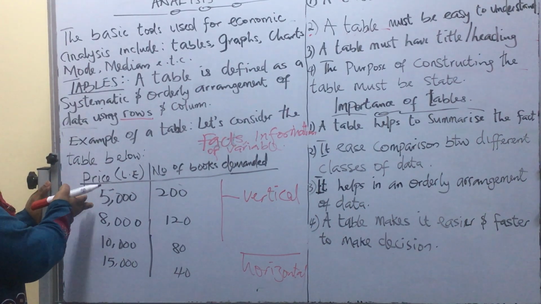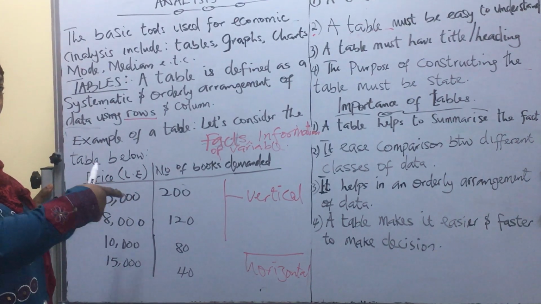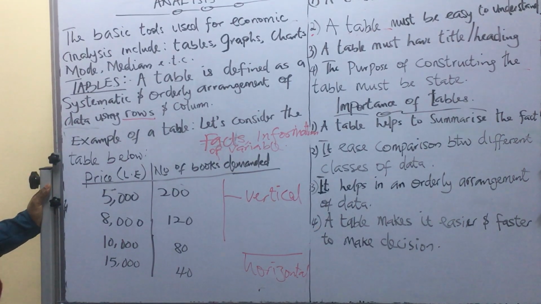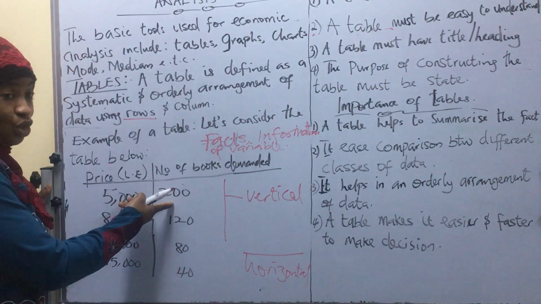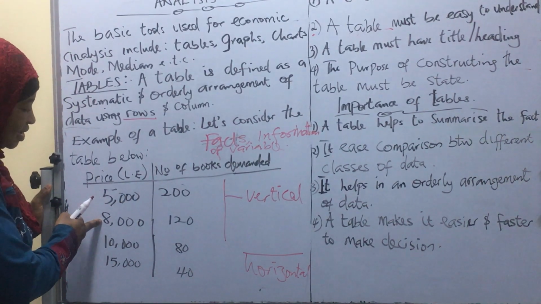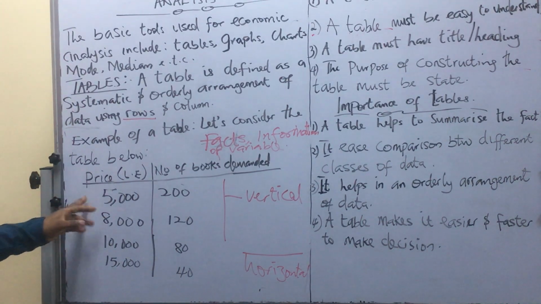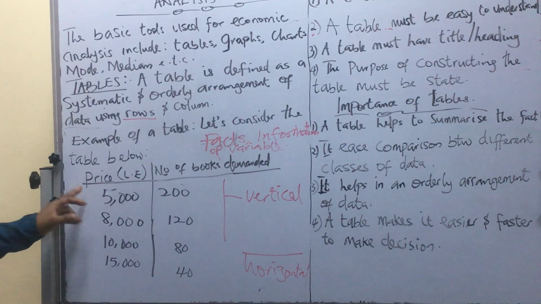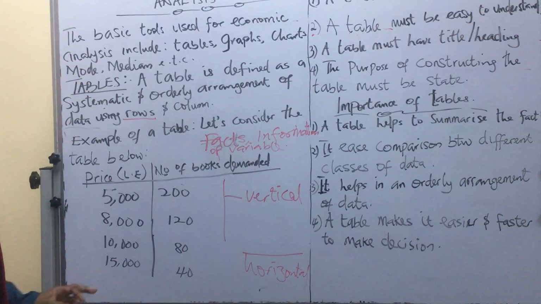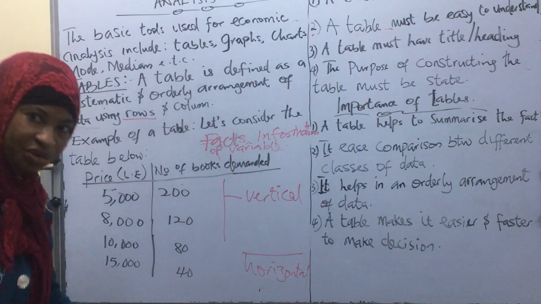When the price is 5,000 naira, you can see that the books demanded was 200. One thing you will notice from this table is that as the price is increasing, the number of books demanded is decreasing.